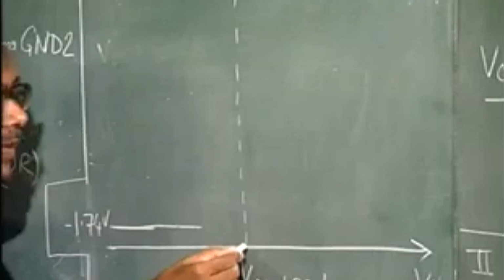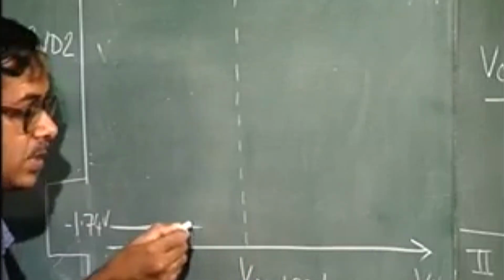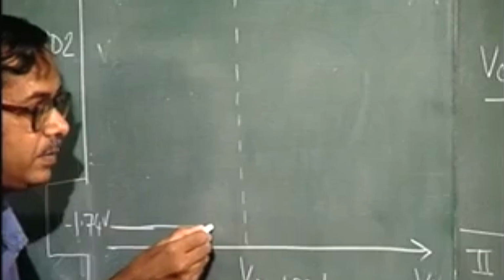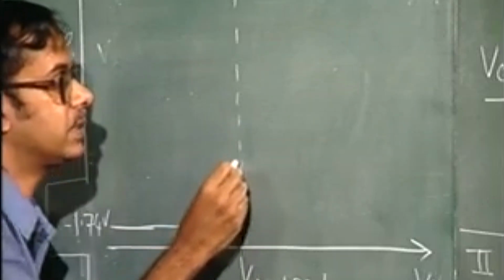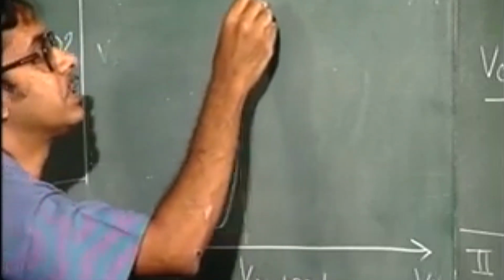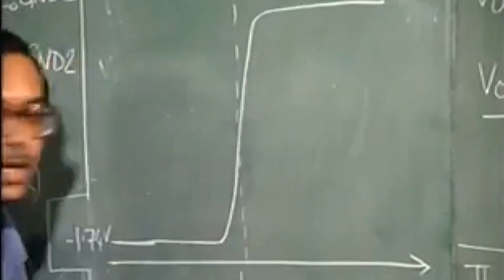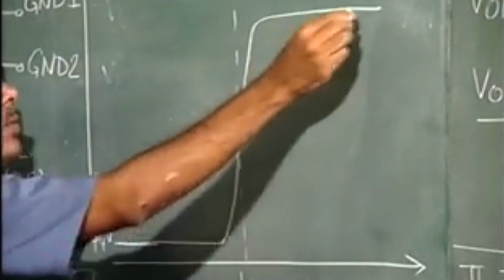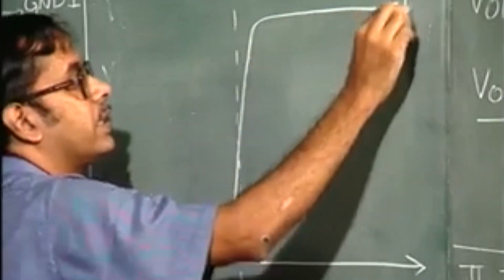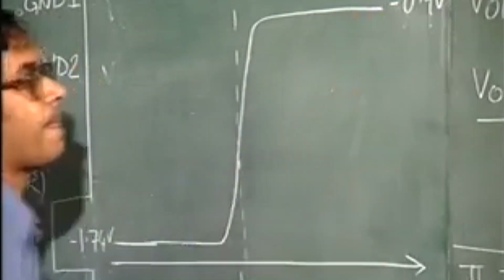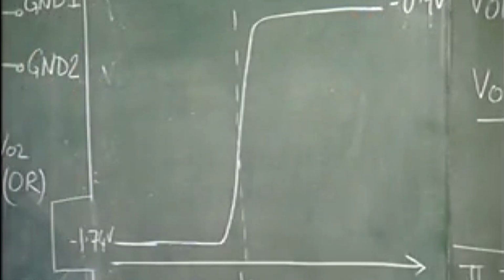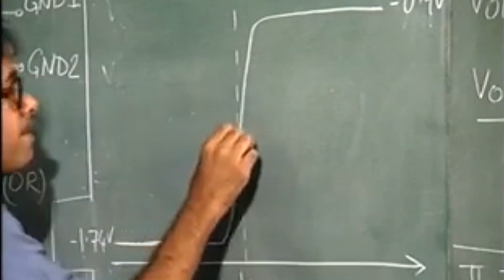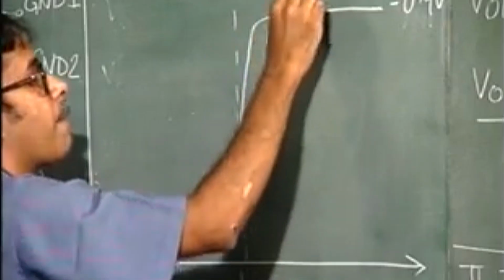So, when it is very close to this, it starts changing like this, it just switches to the other level. So, what is this value here? It's around minus 0.9 volts. So, this is OR.